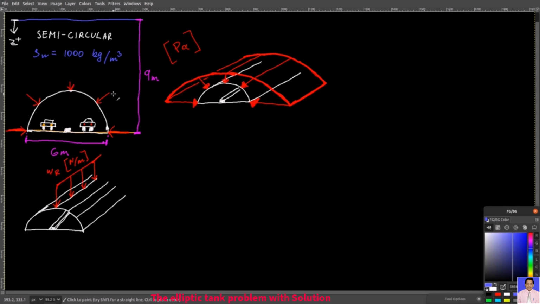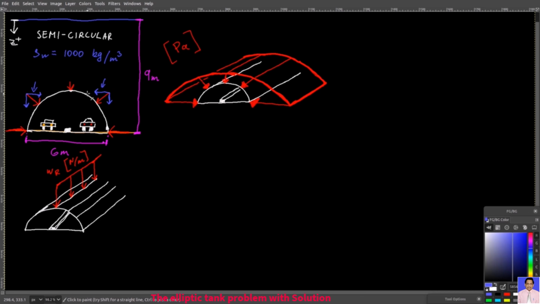You can see that all the horizontal components of the pressure distribution in this image get cancelled from the same horizontal component from the other side of the semicircle. So you can see that this one here gets cancelled by this one here. So you don't have to worry about the horizontal components here.